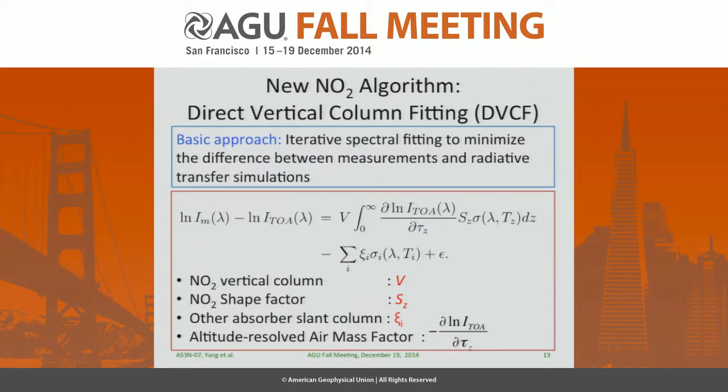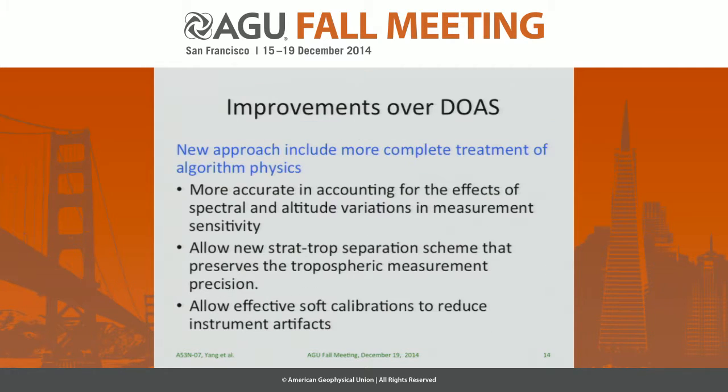This includes all the spectral and vertical variation of the photon path in the equation. So it has a better representation of how the measured spectrum contains the signal.